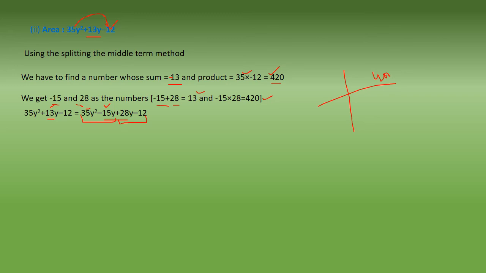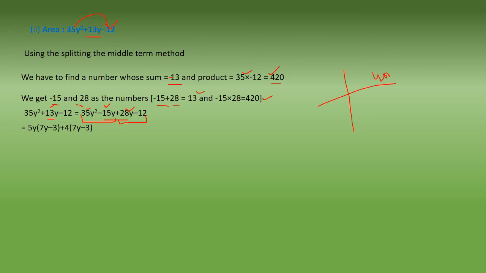We have 28 in the table of 4 and 12 also in the table of 4, so we can take 4 common from here. We cannot take y because 12 doesn't have y. So we get 5y into 7y minus 3 plus 4 into 7y minus 3.